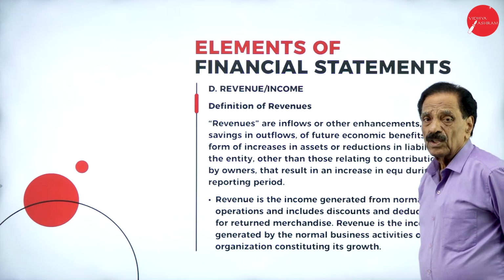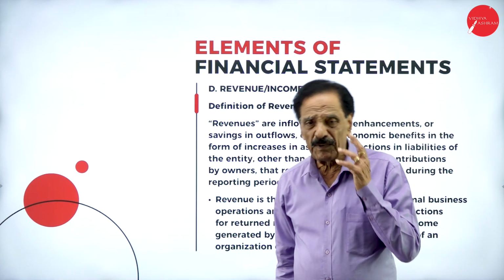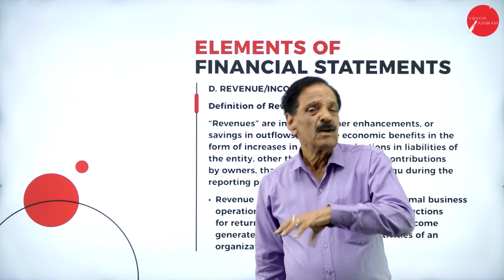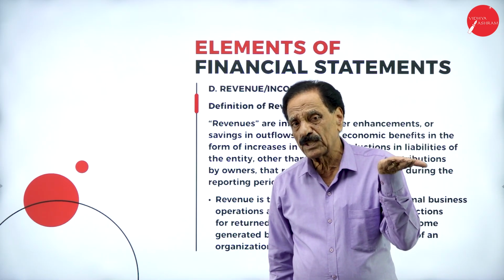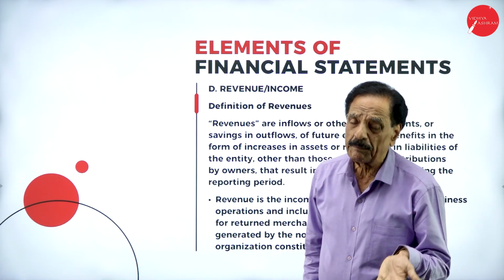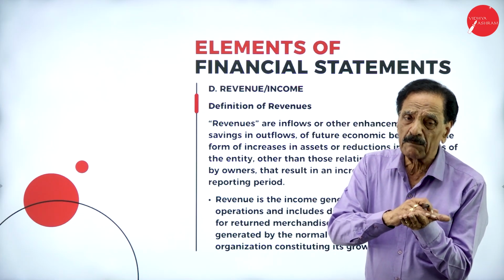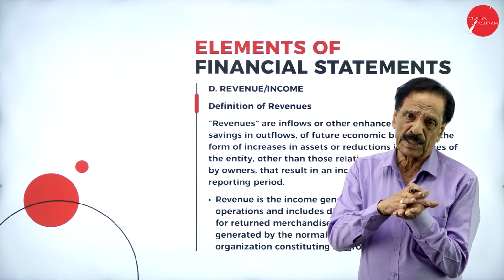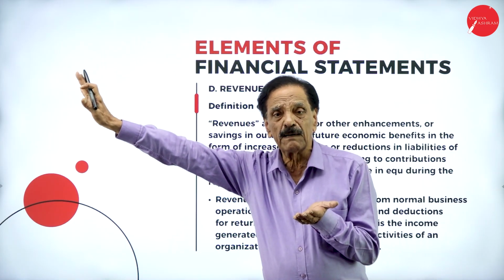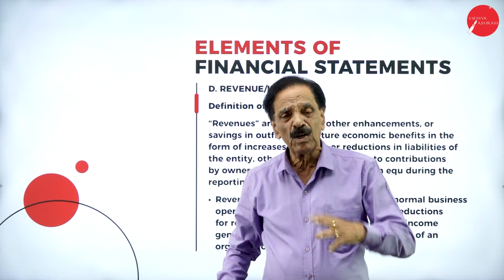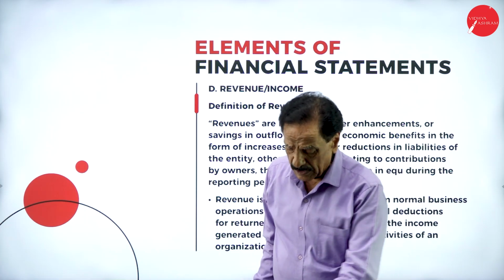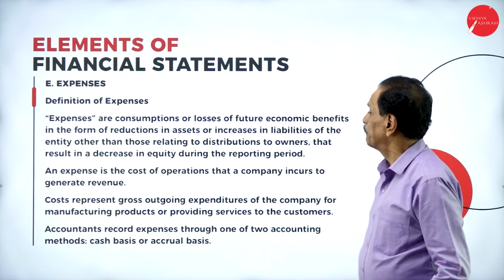So, whatever income we earn, out of that income we pay the liabilities and the expenses. Whatever the difference is, that is the net income of the business. Total income minus liabilities minus expenditure is paid out, and whatever amount is left over is called the net income.